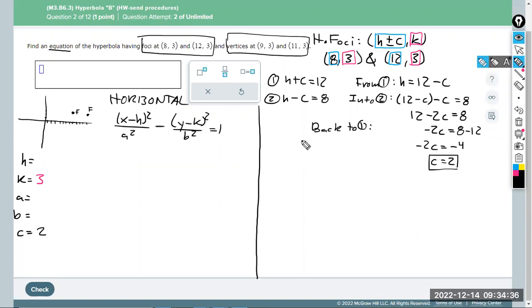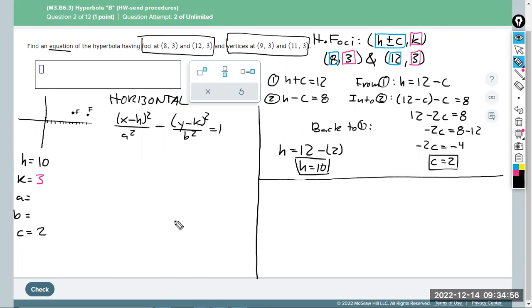Okay, and then going back to equation number 1, that is h equals 12 and the value of c is 2. That means that h equals 10. Yeah, h equals 10. All right, we have made progress, and then we're going to use the information about the vertices. Horizontal vertices in a hyperbola look like this: h plus and minus a comma k.